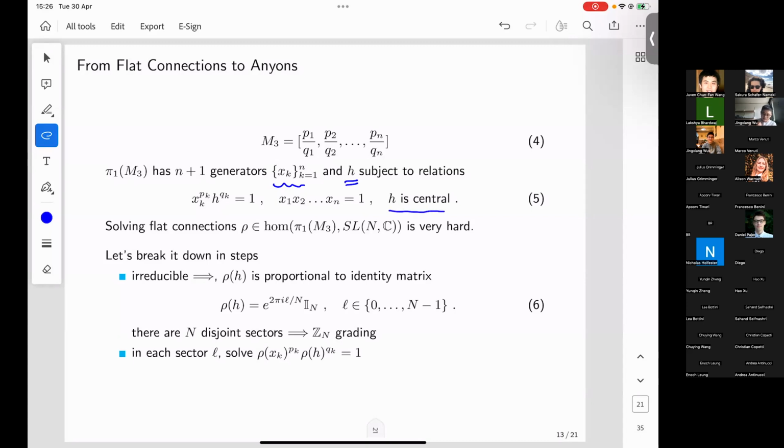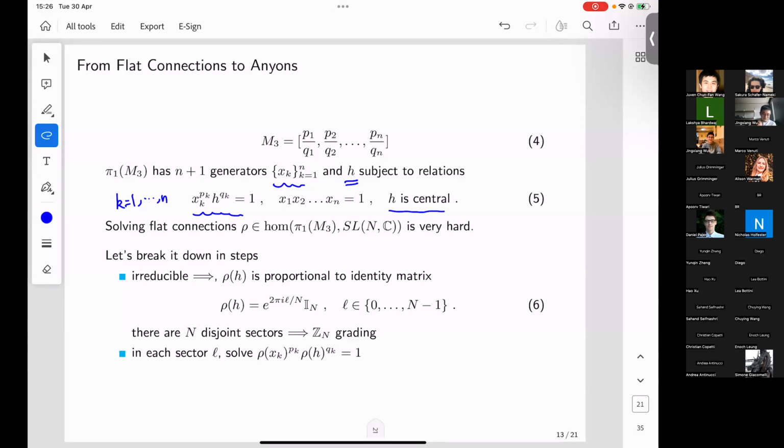The first one is that H has to be central, which means it has to commute with everything else. The second one is that the product of the X's is 1. And lastly, for each fiber, k equals 1 to n, you require X_k to some power and H to some power to equal 1.